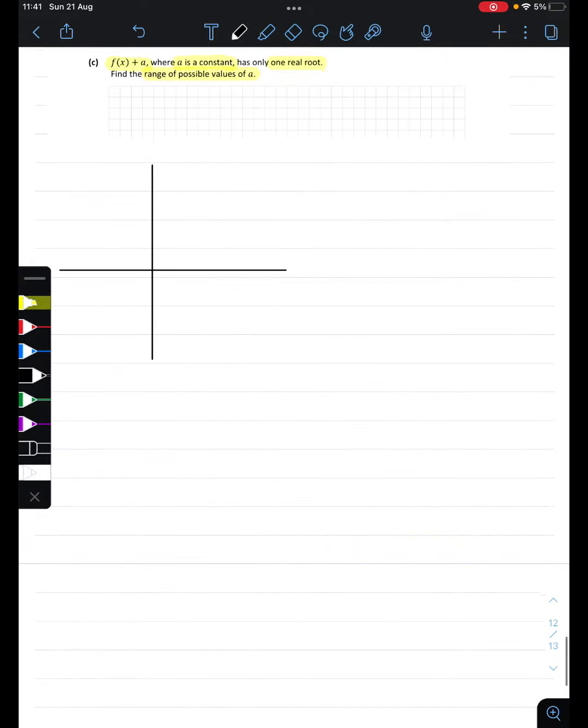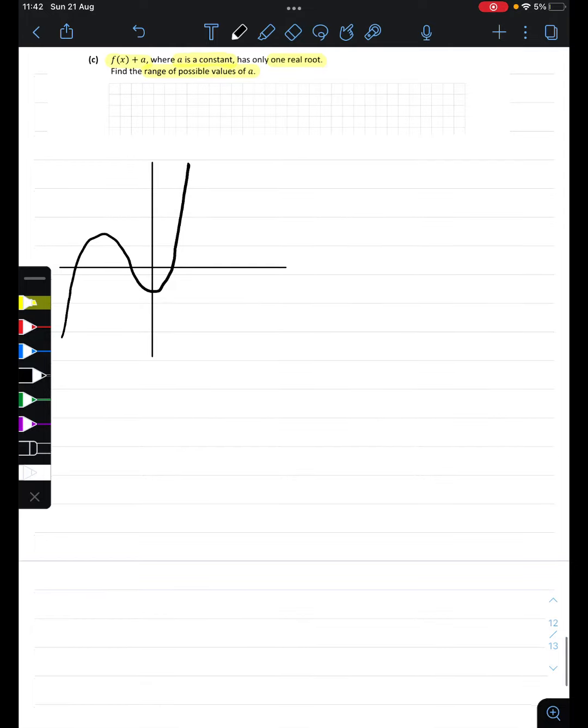So maybe our graph looks something like this. It's got a minimum here, a maximum here, and it's got roots here, here, and here.